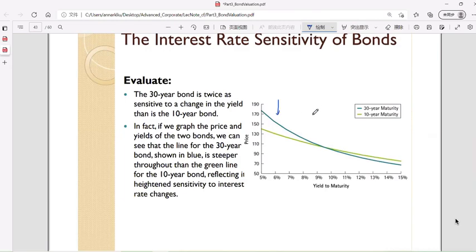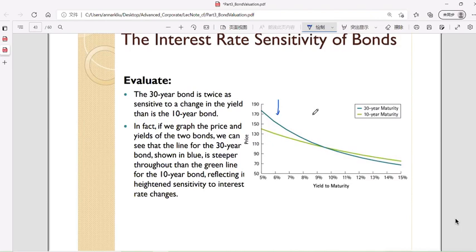The dark blue one represents a 30-year maturity. The light green one represents a 10-year maturity. So we see the slopes, which one has a larger slope in terms of absolute value?